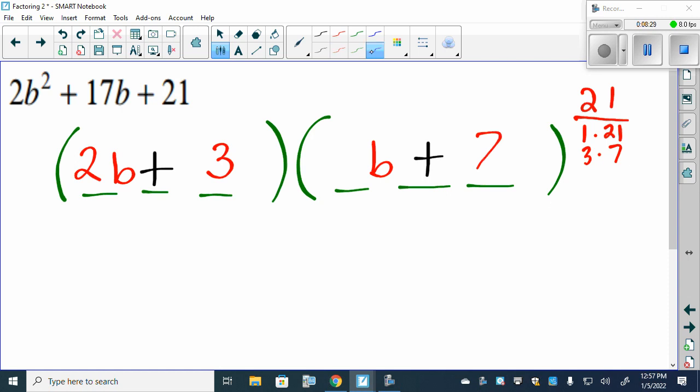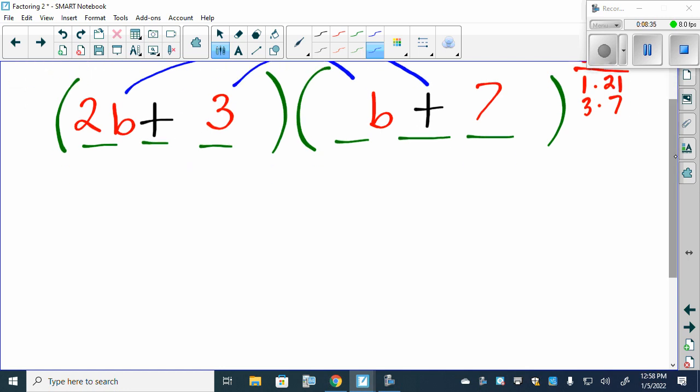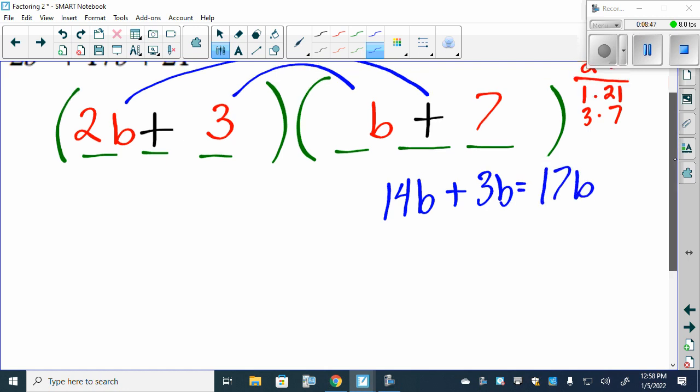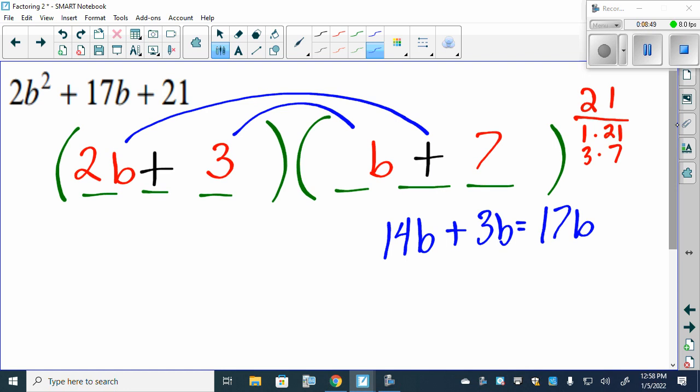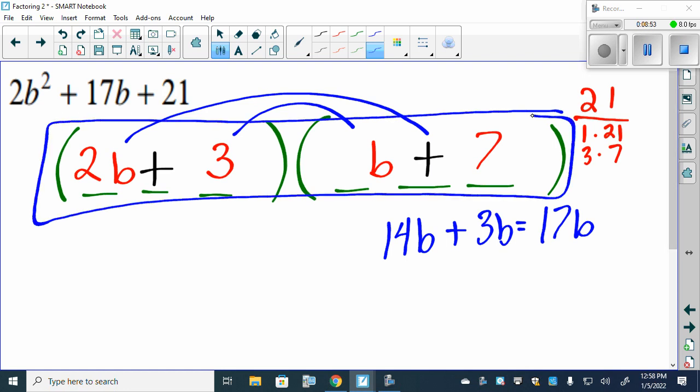And the last thing we need to do is to check this. 2b times 7 is 14b, and 3 times b is 3b, and 14b plus 3b is 17b, which is the correct middle term that we wanted. So this here is the correct answer.